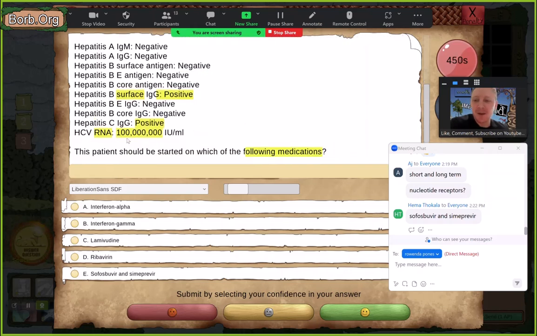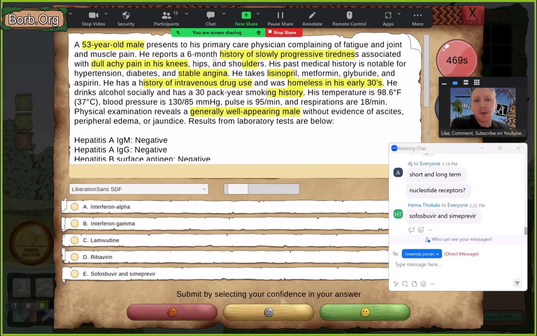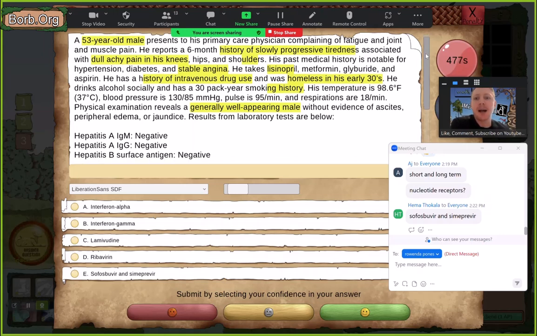RNA signifies that we're transcribing viral DNA, and if we're transcribing viral DNA, then we have an active infection. If the titer for HCV RNA is high enough, then we have an active infection. We also know that we have an active infection going on for another reason, because we're symptomatic. We have dull, achy pain in the knees, which is a sign of any viral illness. We have slow progressive tiredness, which is a sign of hepatitis, certainly.